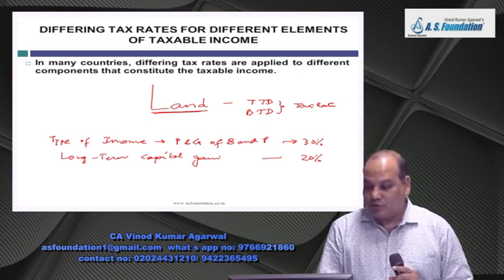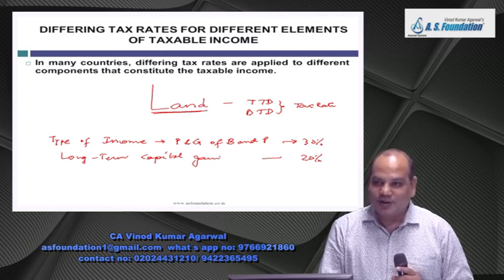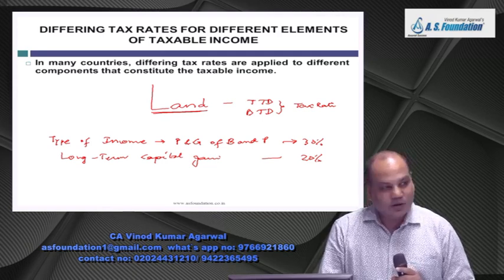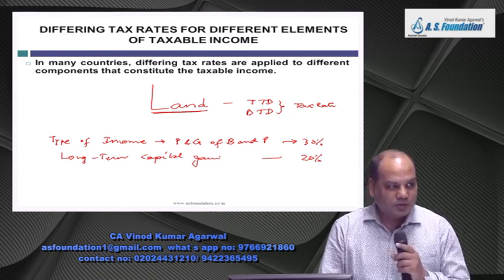The answer depends on the use, the purpose. If I'm going to use this land for business for a very long time, with no intention to sell, then 30%. But if my intention is to recover the carrying amount through sale, then I will apply 20%. Okay.